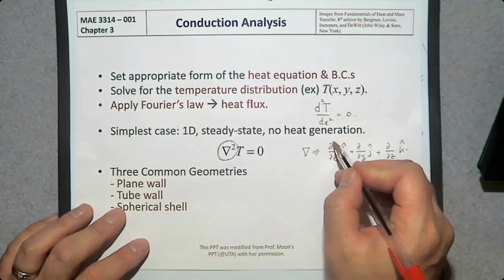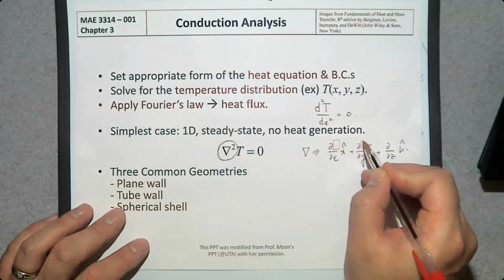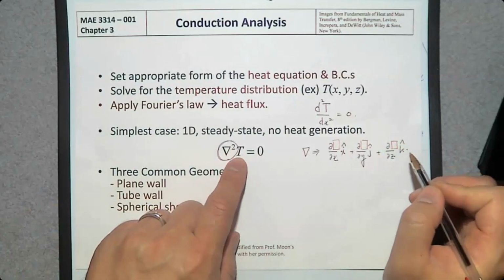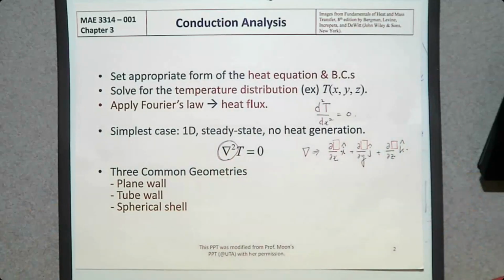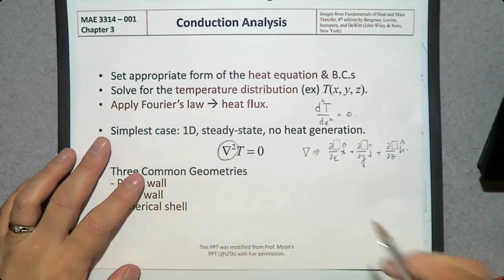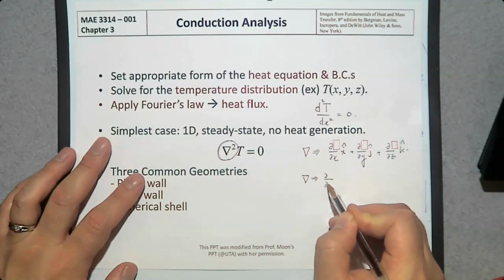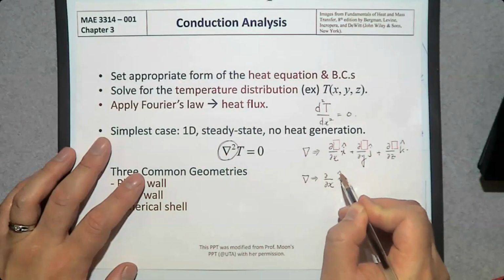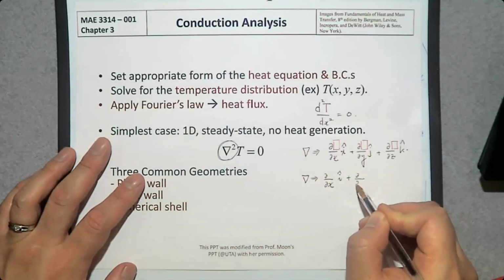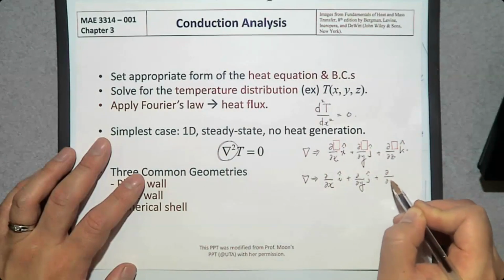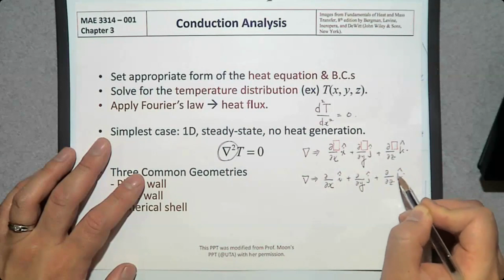So this is where your variable next to this upside down triangle goes in. Now, how many of them? We have 2. So this one is multiplied by another upside down triangle. What is it? Partial over partial x i plus partial over partial y j plus partial over partial z k.